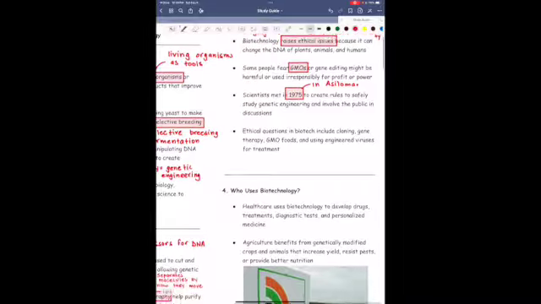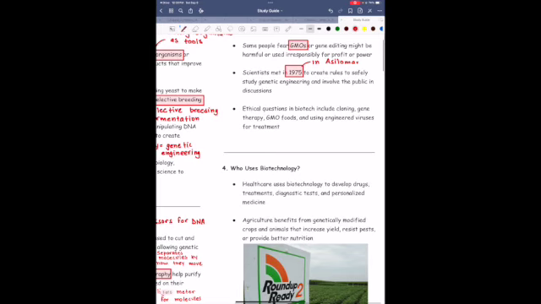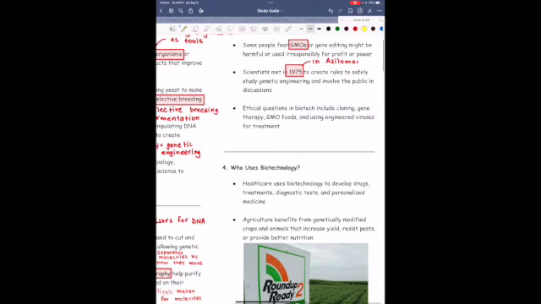So the 1970s is a very important decade in biotechnology. Ethical questions are around cloning, gene therapy, genetically modified foods, and using engineered viruses. So let's put our yellow base star for things that we need to remember.